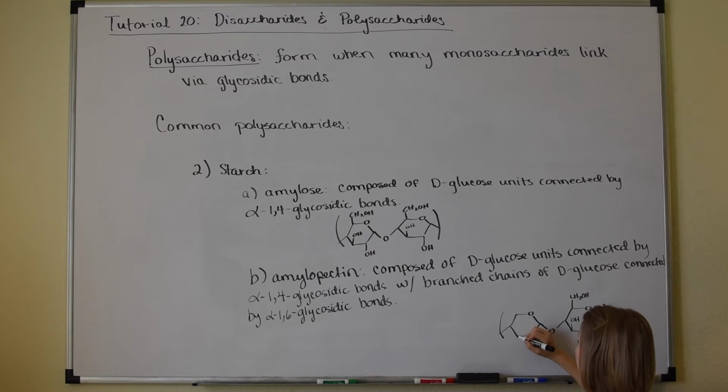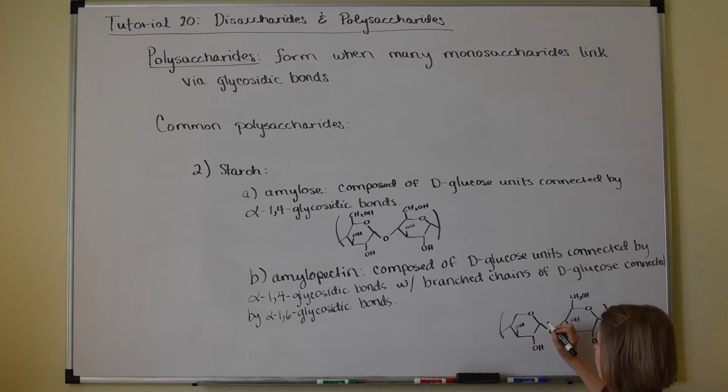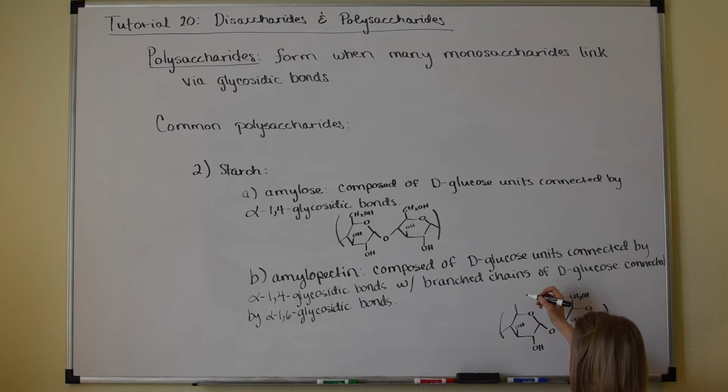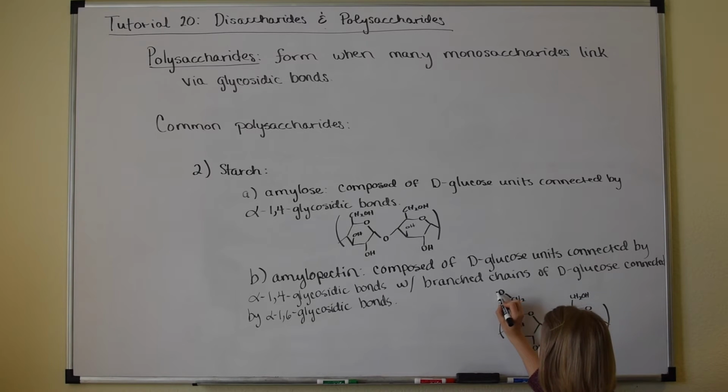Okay, and then on this D-glucose unit, I'm going to also show the branch here that creates the alpha-1,6 glycosidic bond. Okay, so we're going to have a CH2O... running out of room.